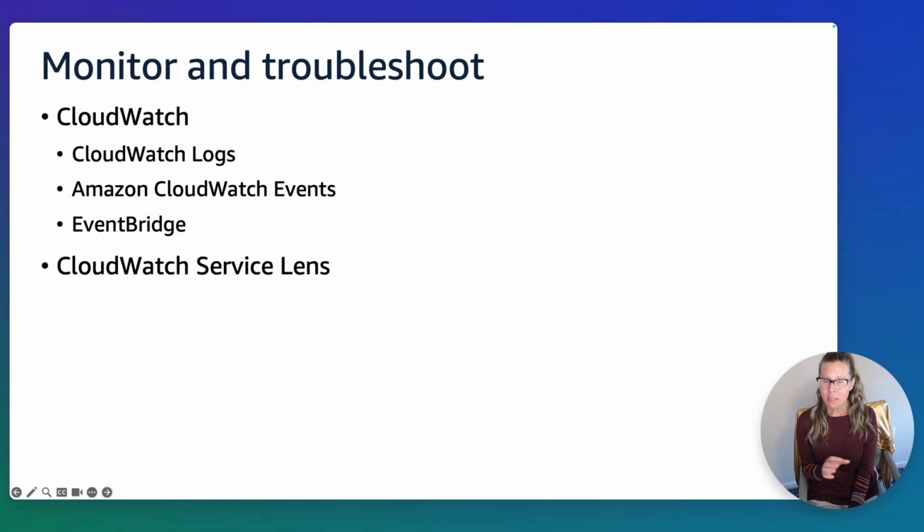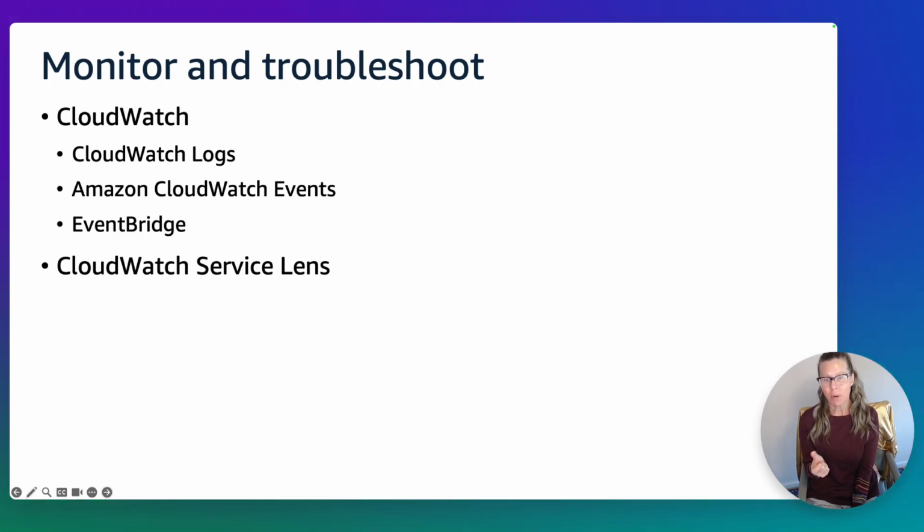Amazon CloudWatch Events delivers a real-time stream of system events and gives you the ability to write rules that watch for certain events and initiate automated actions in other AWS services when these events occur. For example, you can create CloudWatch events rules that react to a status change in a SageMaker training, hyperparameter training, or batch transform job. Amazon EventBridge monitors the status changes in Amazon SageMaker.